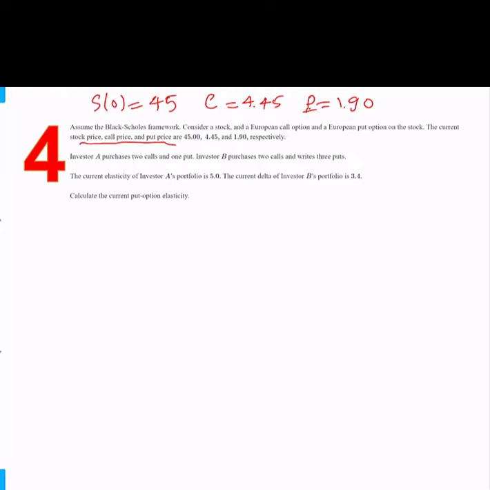Investor A purchased 2 calls and 1 put. Investor B purchased 2 calls, but instead of purchasing 3 puts, he writes 3 puts, so it should be subtract 3 puts.